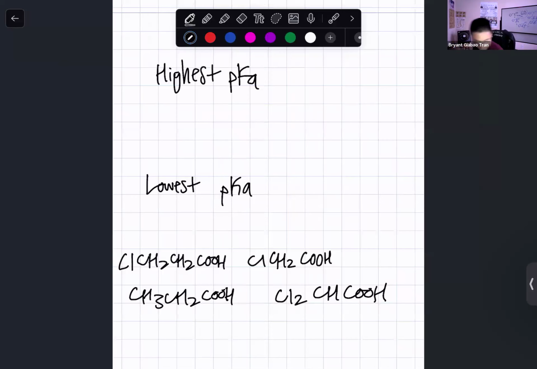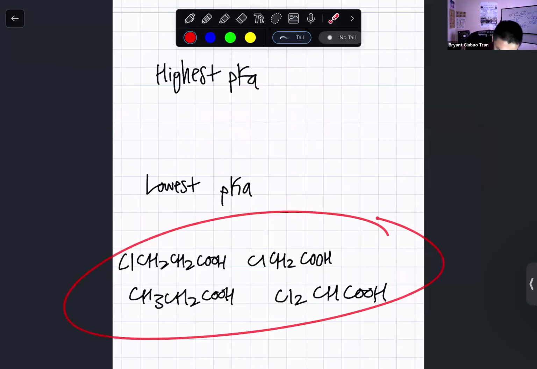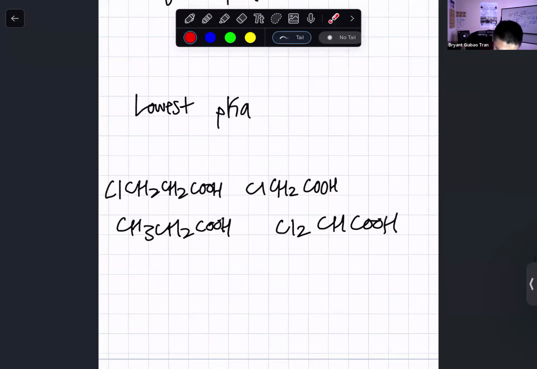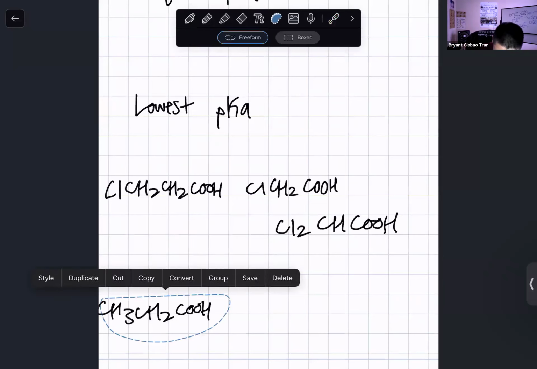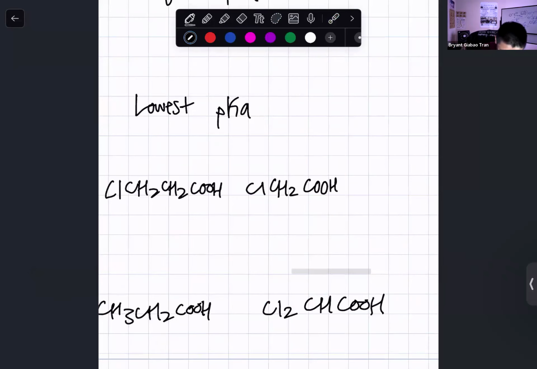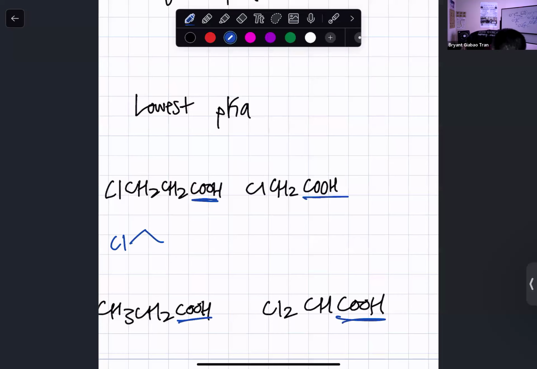So I don't like looking at molecules in condensed formula, so let's convert them into bond line formula. Cl CH2 CH2 COOH. Whenever you see COOH, or even CO2H, that's carboxylic acid.